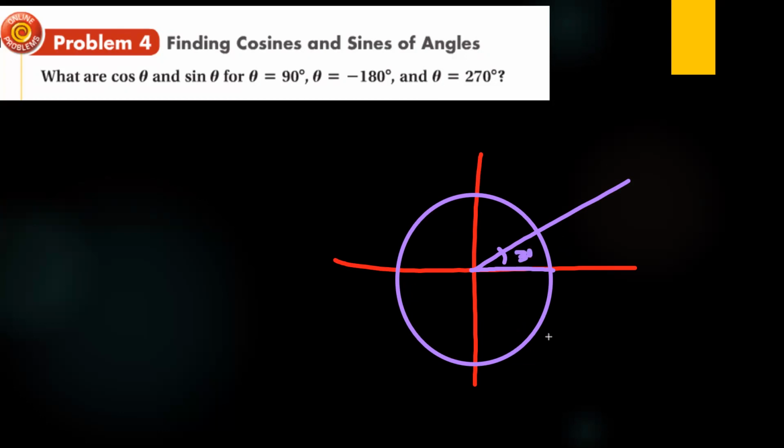Then they see that the point that intersects the circumference of the circle can help find the cosine and the sine of the angle. So this is the initial side, this is the terminal side, and they have this angle now.